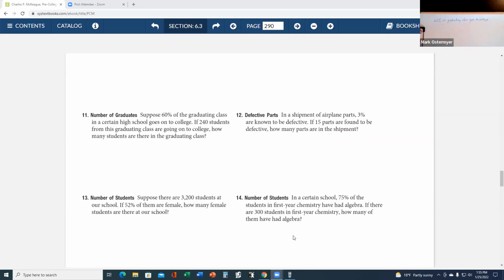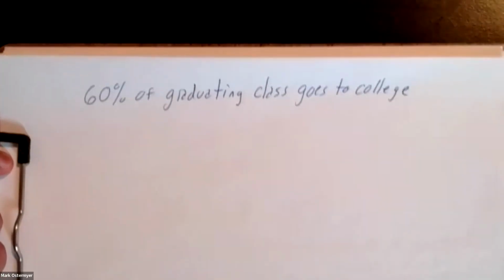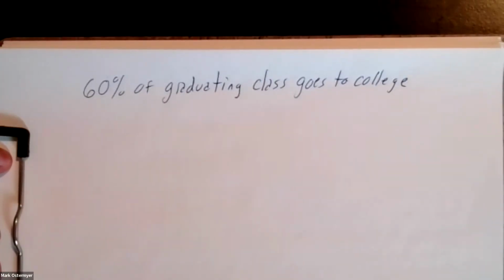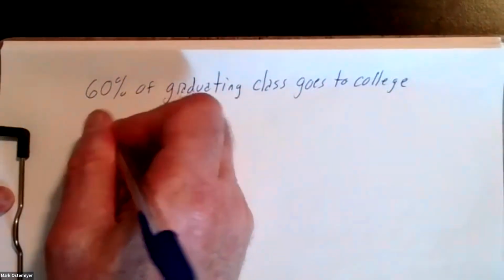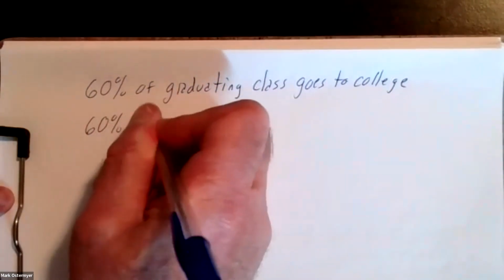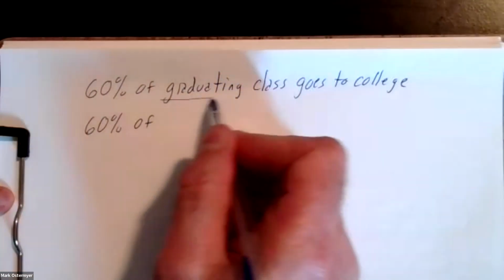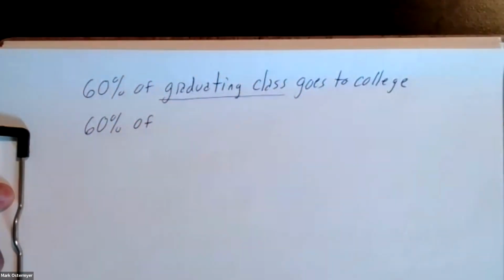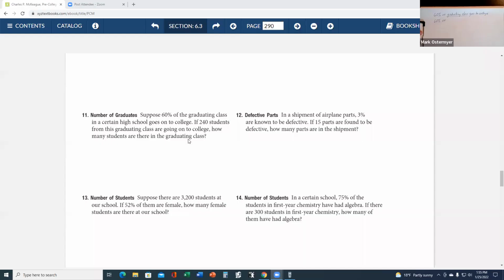Okay, so look what I've written down for number 11 on my paper. 60% of graduating class goes to college. Let's try to refine this into an equation. 60% of, do we know how many people are in our graduating class? Were there 240 students in our graduating class?